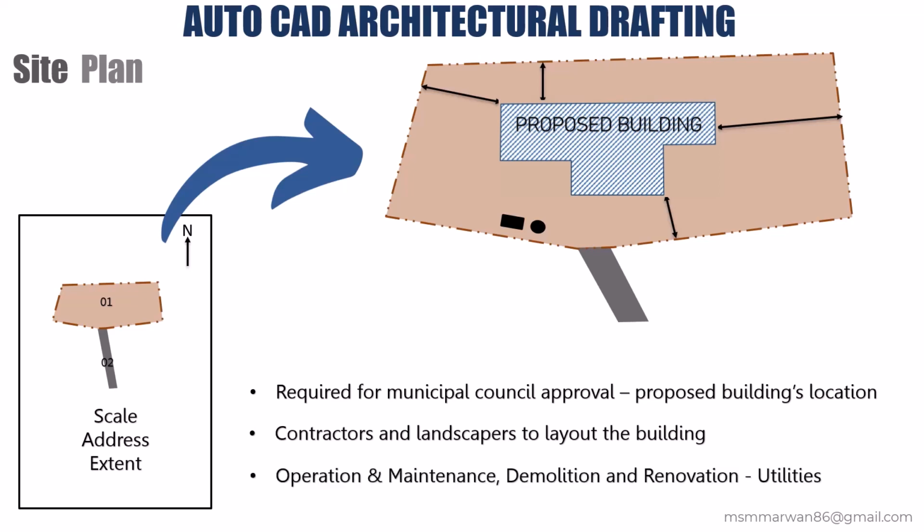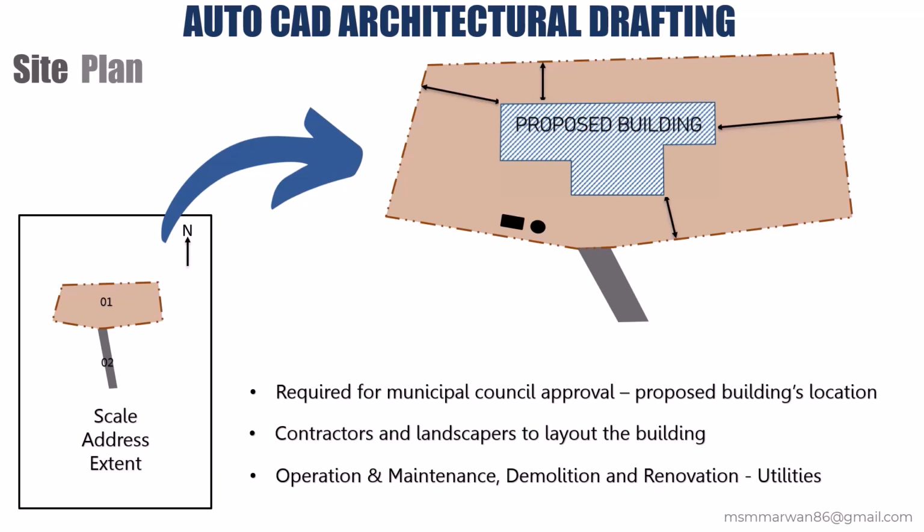Another thing is, even after completing the project, it is useful during operation and maintenance, demolition and renovation. For example, utilities, the water supply, drainage and disposal system, and all these services are underground, and sometimes even the electrical and gas lines. So during the construction period, we lay these things underground, and at the finishing point of the project, we complete it with landscaping.